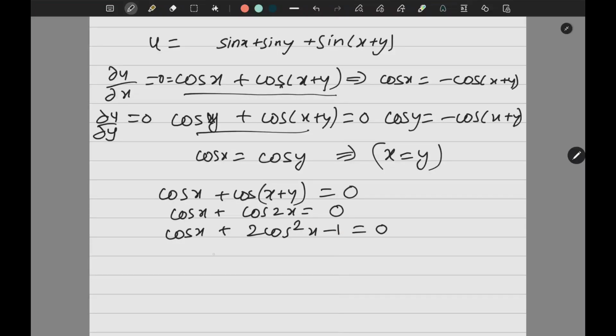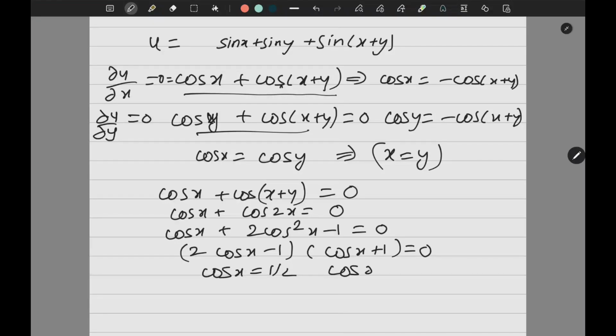So the equation is a quadratic equation. You can solve it: it will be (2 cos X minus 1)(cos X plus 1) equal to 0. So cos X is equal to 1 by 2 or cos X is equal to minus 1. This will give X is equal to pi by 3 and X is equal to pi.